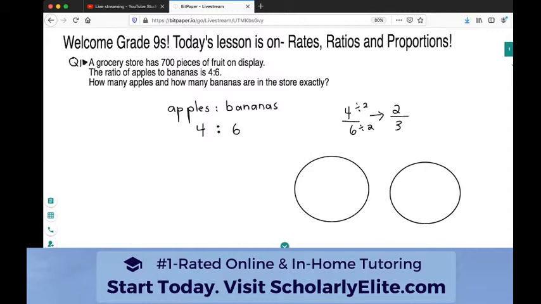This circle and this circle, let's pretend that they're the exact same size, okay? I'm going to show you why this all makes sense, okay? So let's say I have my 4 to 6 ratio. I'm going to split this into 6 pieces.